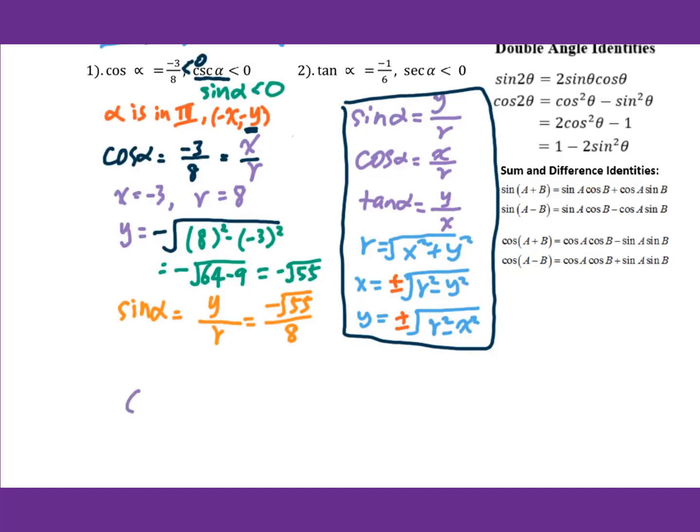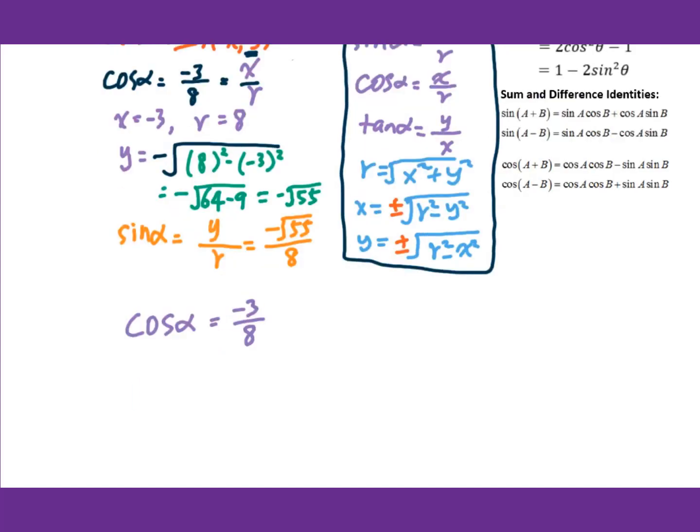We are given cosine alpha equals negative 3 over 8. For tangent alpha equals y over x, that is negative square root of 55 over negative 3, which means square root of 55 over 3.